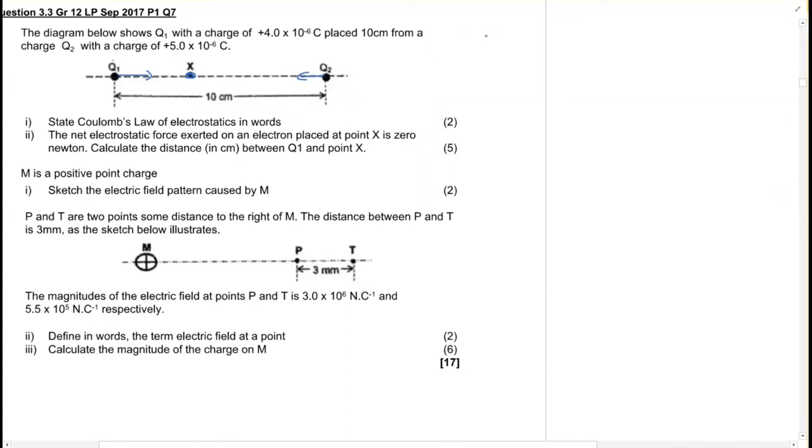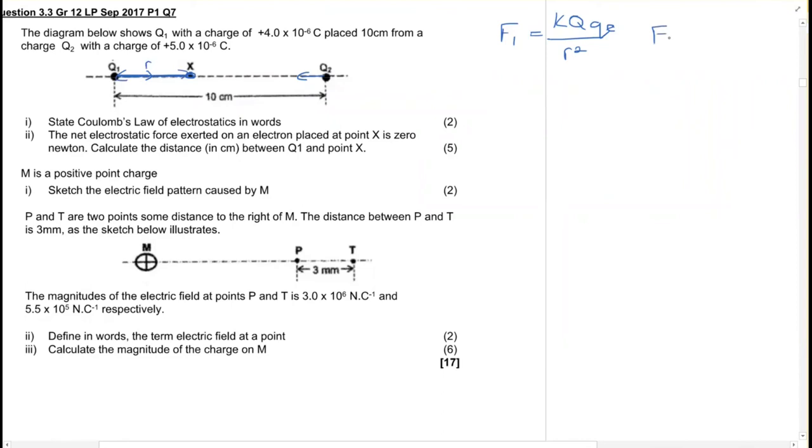So if we look at the formula for the forces, you can use the forces or the fields, it really doesn't matter. So let's say the force of Q1 is going to be K Q1, the charge on the electron, over R squared. Okay, so let's make the distance from Q1 to X, let's make that R. Got it?